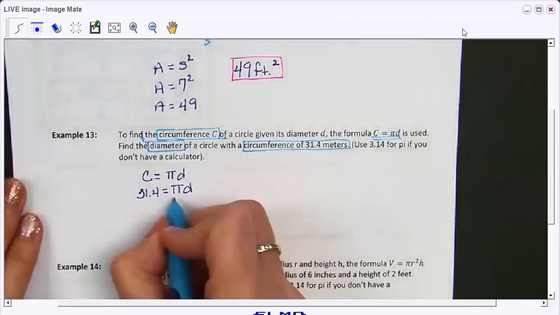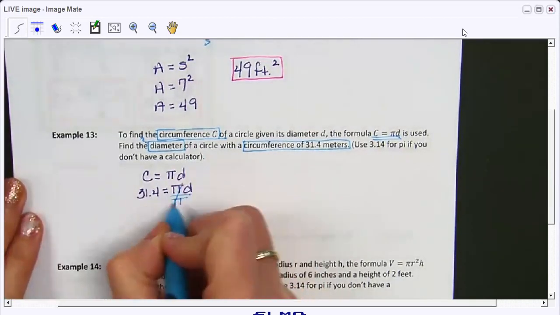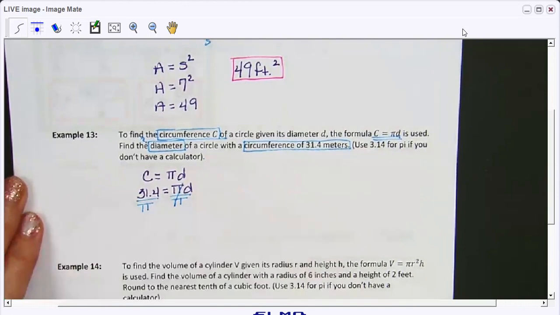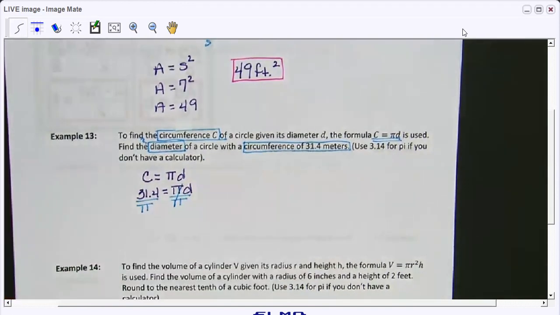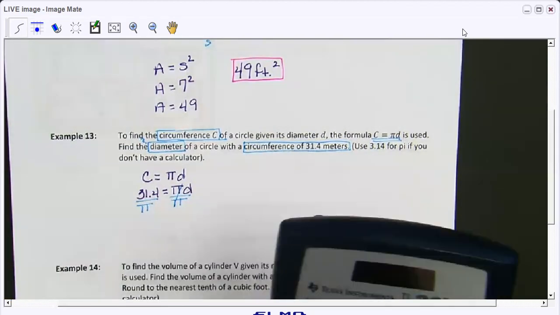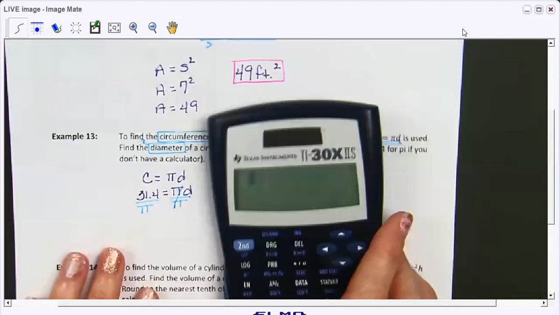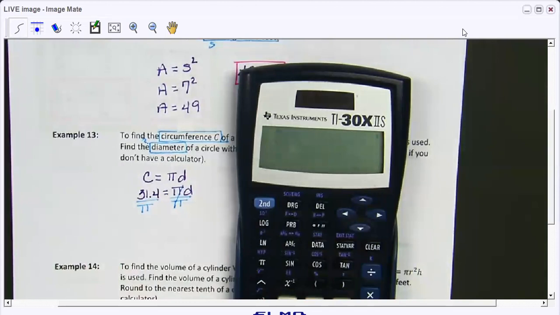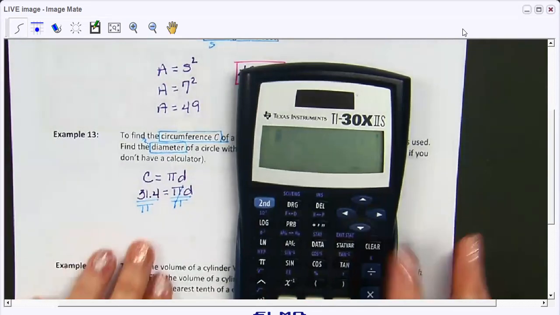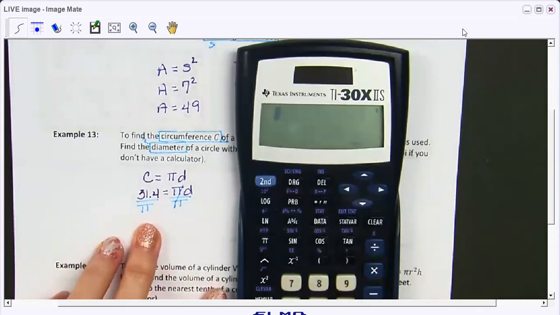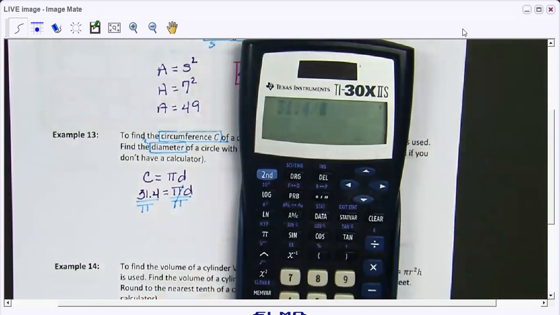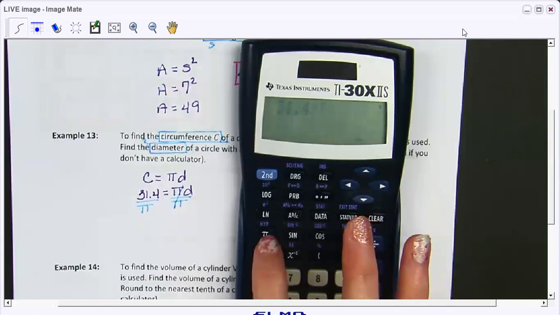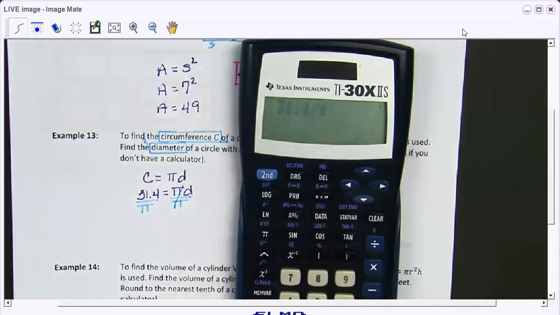So we're going to divide both sides by pi. Again, if you don't have a calculator, you can put 3.14. But I do have a calculator, so I'm going to show you what you do. If you don't know where pi is on your calculator, I can show you how to do that. We're going to do 31.4 divided by, and find the pi symbol. Here's my pi symbol right here. And then press equal.